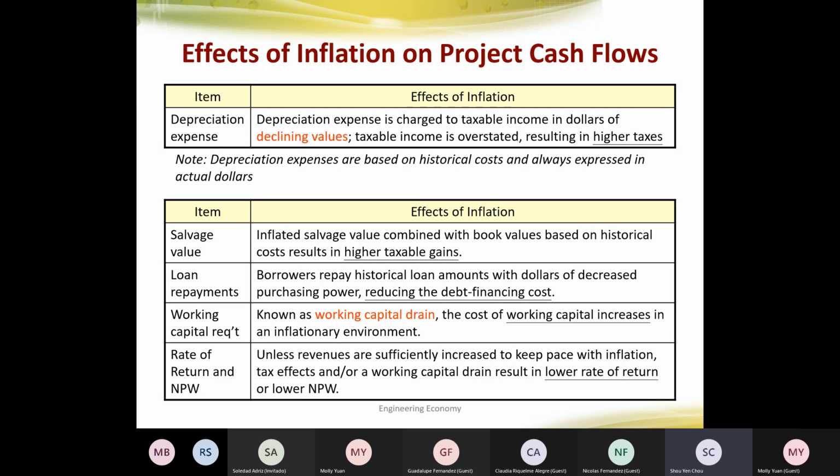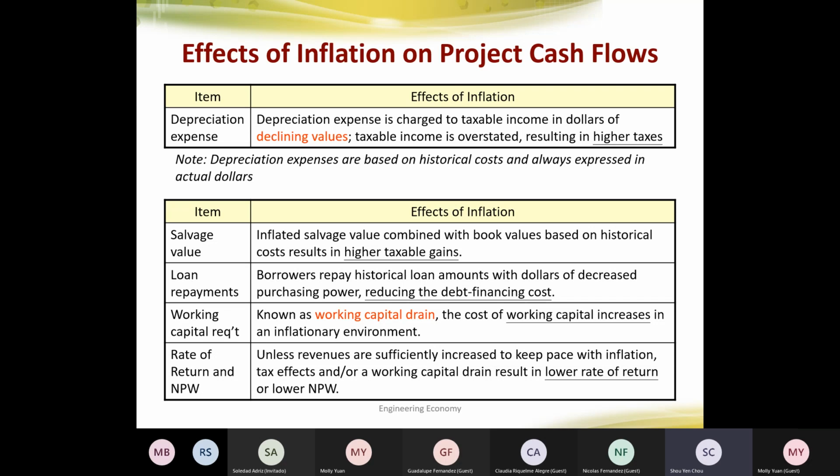So we are at the last part of the inflation chapter. Again, inflation is something that happens naturally in the economy. There could be inflation, there could be deflation, but it will influence the purchasing power of the money that we receive at different times.